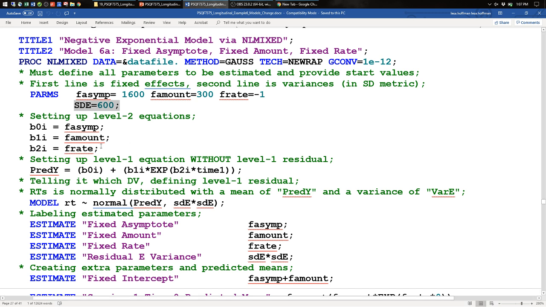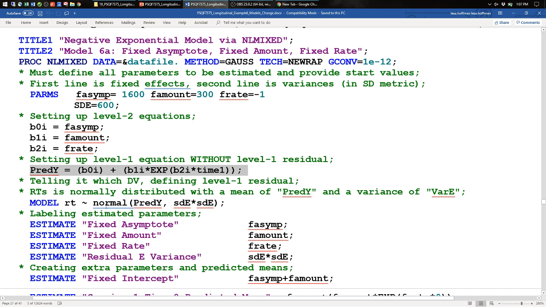So I have my level 2 equations without random effects. Pred Y is my level 1 model that looks exactly like I wrote it out in the slides. It's just an equation. So when people present equations in books or things and you think that model's really cool, I don't know how they did that. This is how you can do that.